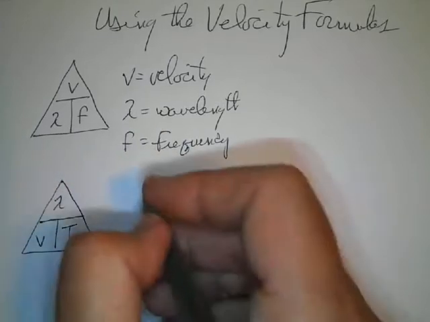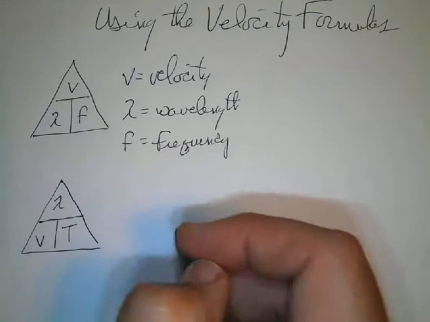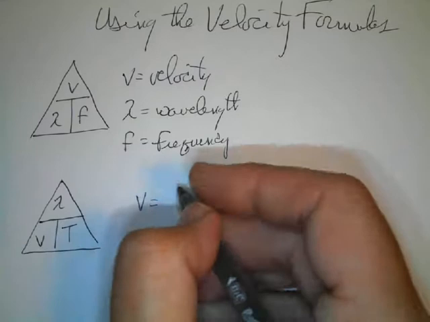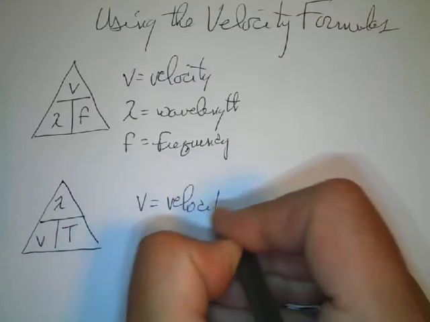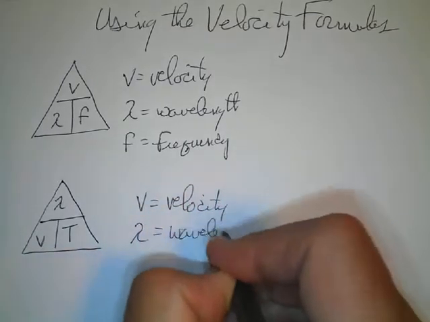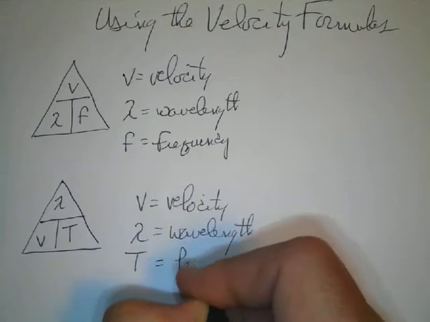I get the second equation because of the relationship between frequency and period. You may recall that period is an inverse of frequency. All right, so v is velocity, lambda is again wavelength, and T is period. So there's the two formulas.